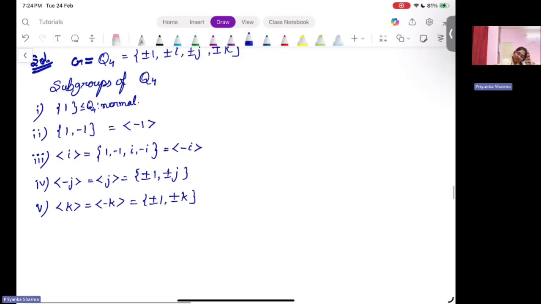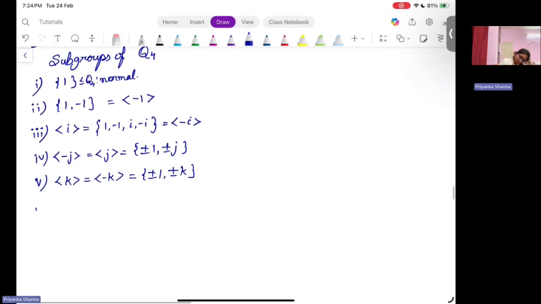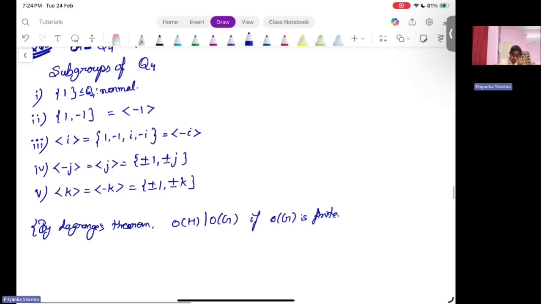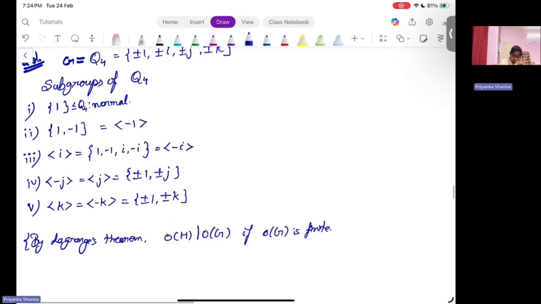Any other? Actually, if we use Lagrange's theorem, we know that the order of H divides the order of G if the order of G is finite. So if G is Q4, then the order of G is finite, which is 8.